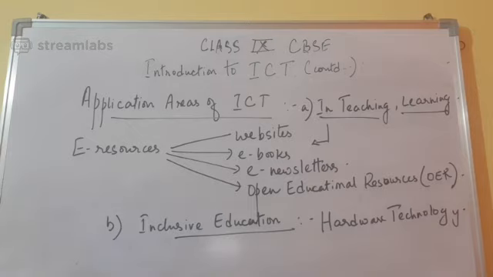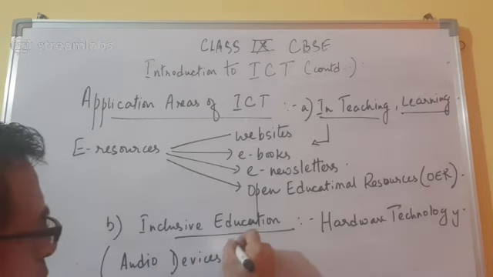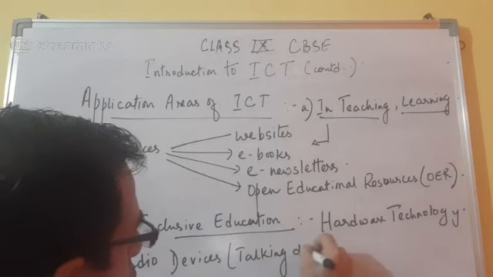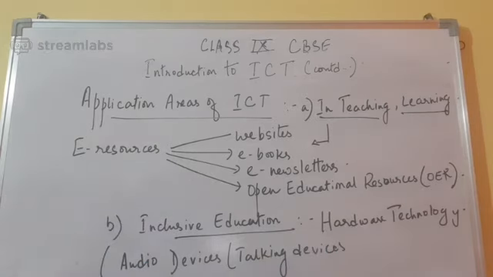So now, when we talk about this, here you'll be getting some audio devices. Audio devices are there, which can also be called talking devices, into which certain voice is recorded and then just played.